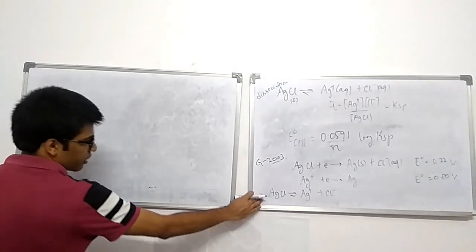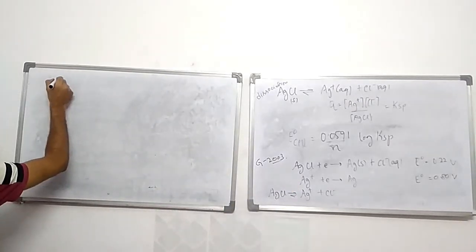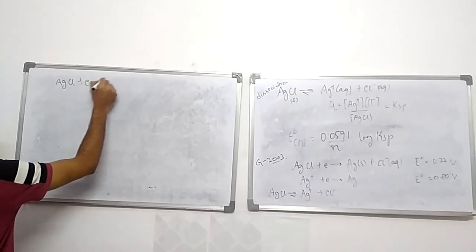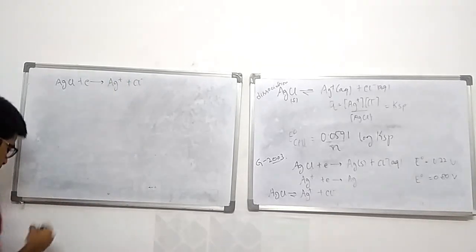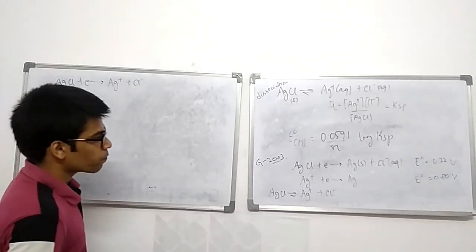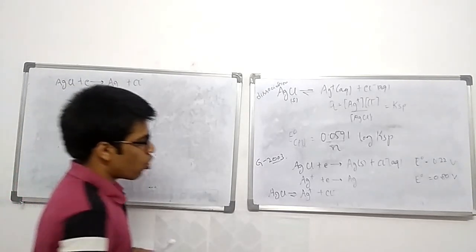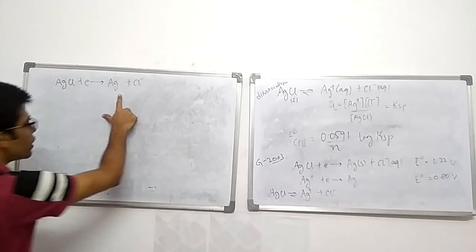I have AgCl, so I will take the reaction which has AgCl on the left side. I get AgCl plus electron producing Ag plus Cl minus. Now I have to get Ag plus on the left side, but see there is no Ag plus here.